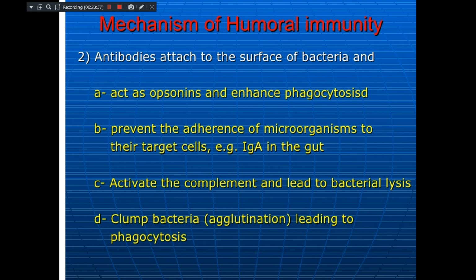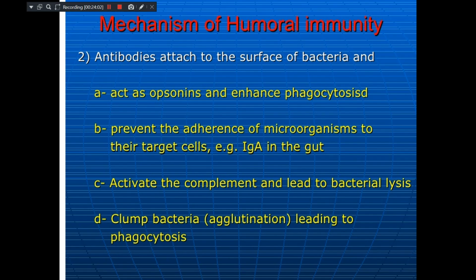Meanwhile, it will also activate complement and lead to bacterial lysis. Then it immediately activates the complement cells, mast cells, plasma cells, and other things, and they engulf the bacteria by phagocytosis and lysis, because inside there is a lysosome and they can break it.